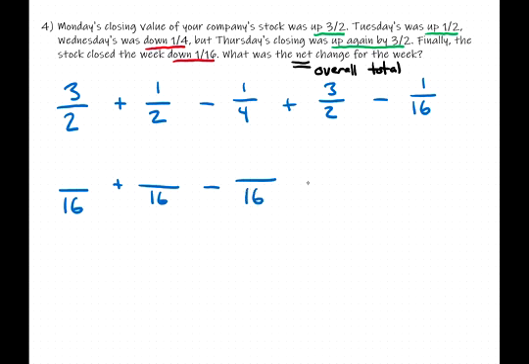So before we do any addition or subtraction, all those denominators have to be 16. So this first one, 3/2, how do you make a 2 into a 16? You multiply it by 8. But we're not allowed to just multiply the bottom of a fraction by 8. We're only allowed to multiply by the number 1.